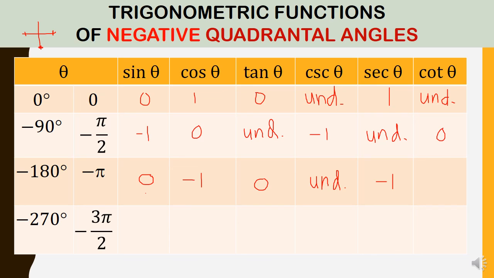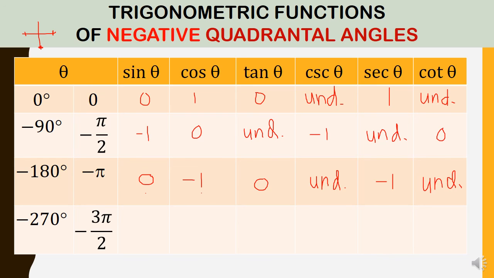Hindi pala siya talaga alternating kasi 1, undefined, negative 1, ayun, alam nyo na yun, okay? And then for cotangent theta, ayan, undefined, 0. You notice this will be undefined para may pattern, di ba? Yan, pero officially, this undefined here came from cosine over sine function, so that's cosine negative 1 over 0. Kaya undefined talaga siya. Okay?